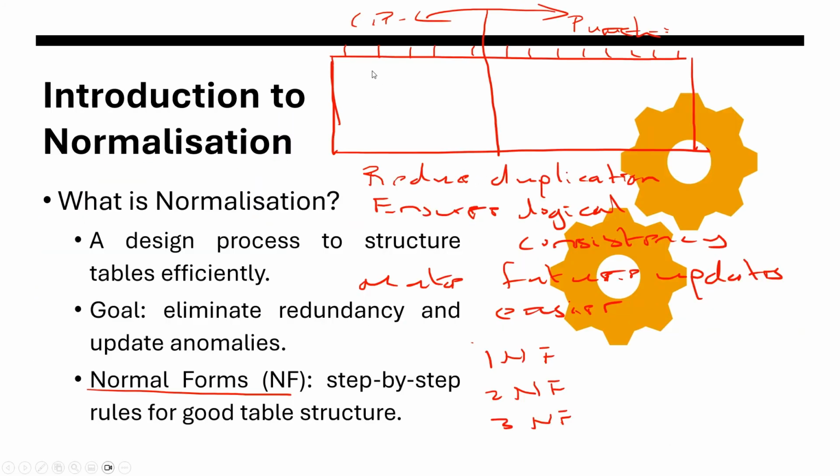So if you have the purchase order here and you have customer details, if there is an update with regards to a customer detail, it's only the ID of that person that will be here, not the full detail of the person. Sorry, for the purchase table, there will be only the customer ID rather than the full detail of a customer to update.